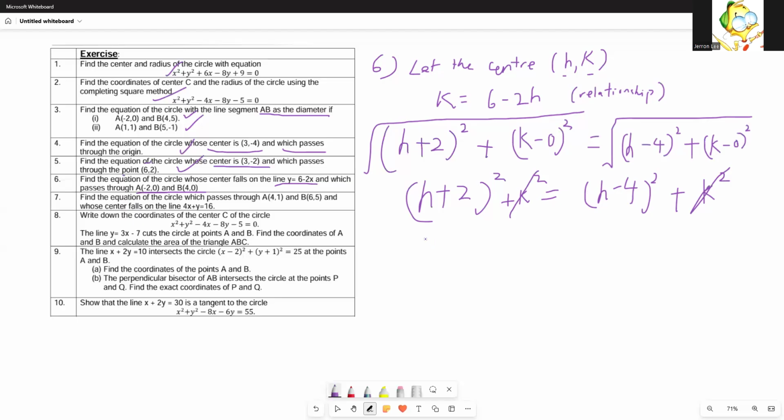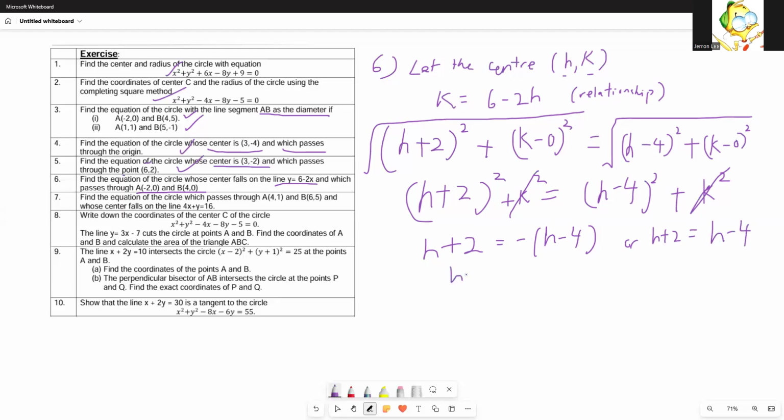But as you know, we can do it like this because both of them are squared. So I can rewrite this as, this is a very lazy way of doing things, sorry about that. But you can because both of them have got squares. So it can be either negative H minus 4 or H plus 2 is equivalent to just H minus 4. So this is what you will see.